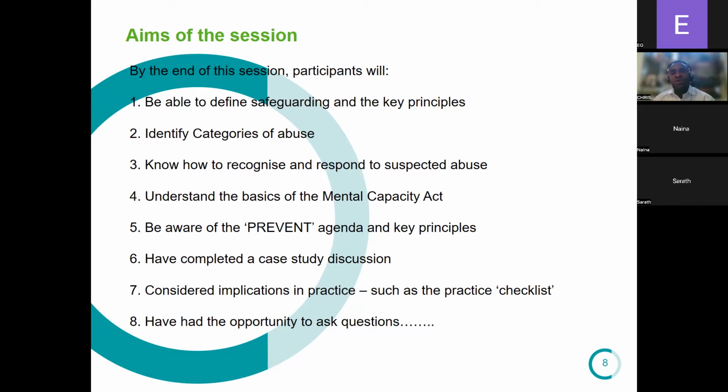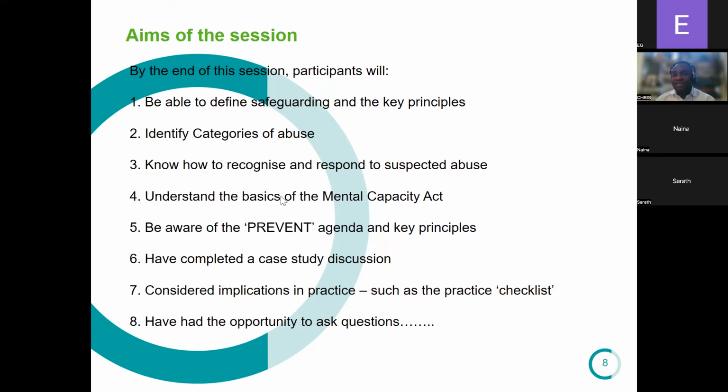We'll also see how we can recognize and respond to suspected abuse. When you suspect that an adult is being abused in any of the various categories that we're going to look at, how would you be able to recognize that such and such a person is being abused or might be going through abuse?